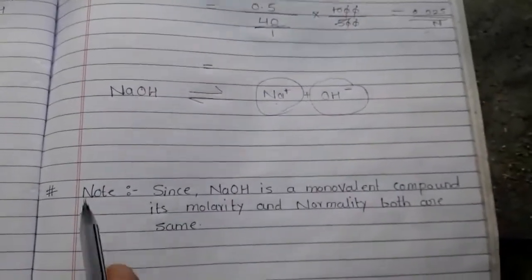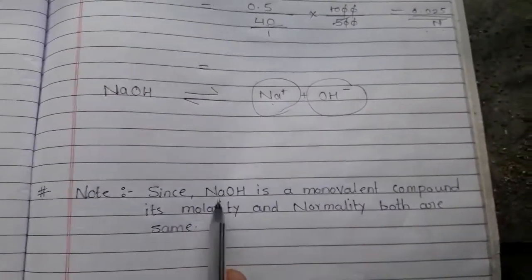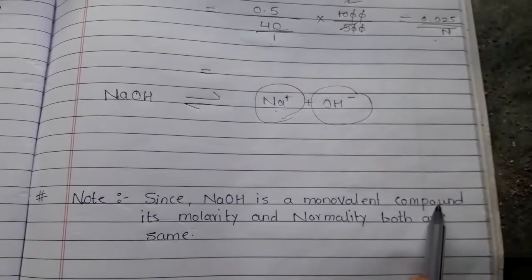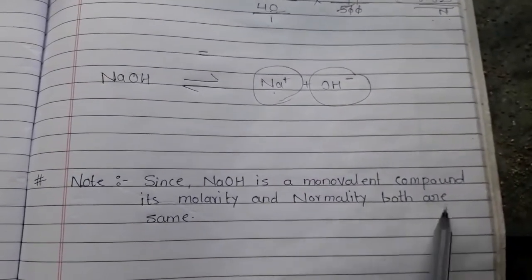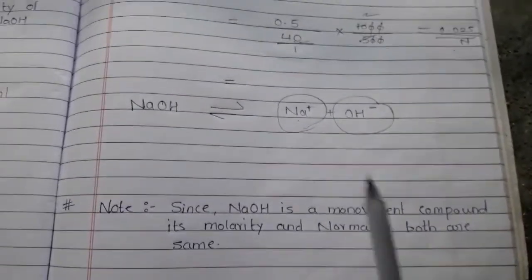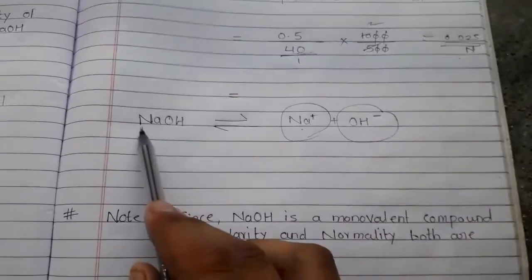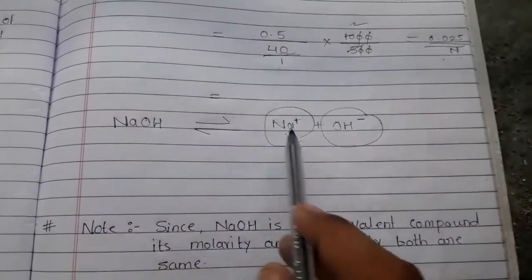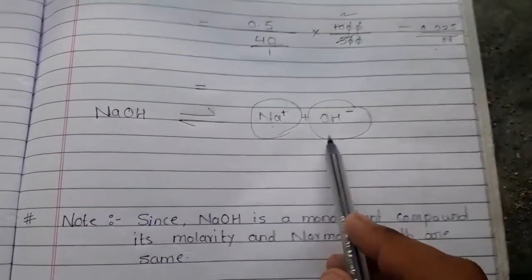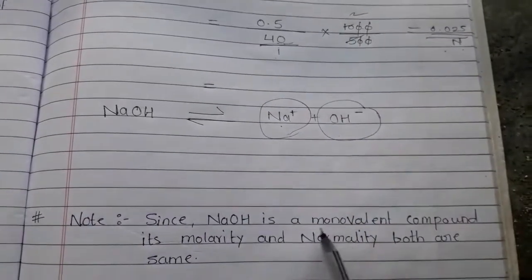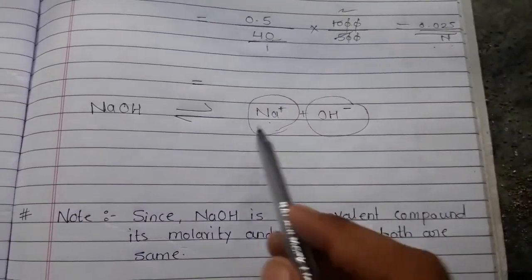The note I have written here is: since NaOH is a monovalent compound, its molarity and normality are both the same. I have already explained that when we dissolve NaOH in water, it gives Na plus ion as well as OH minus ion, which means it is a monovalent compound.